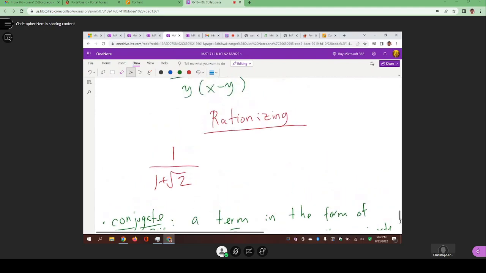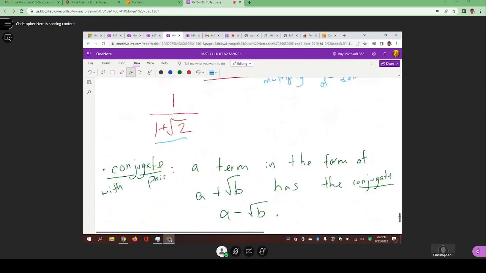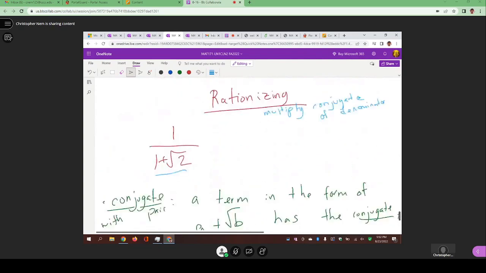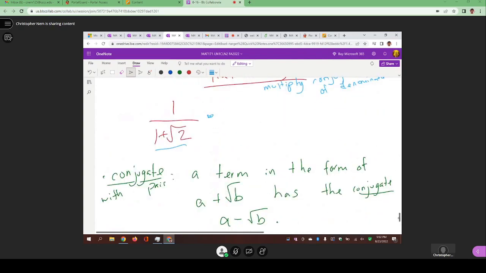For this problem in rationalizing, the idea is that you're going to multiply by the conjugate of the denominator. So I have to get the conjugate of 1 plus square root 2, which by following our definition, I'm going to multiply this by 1 minus square root 2.